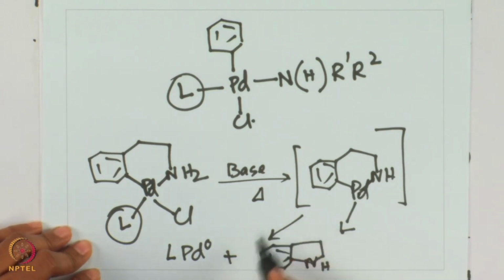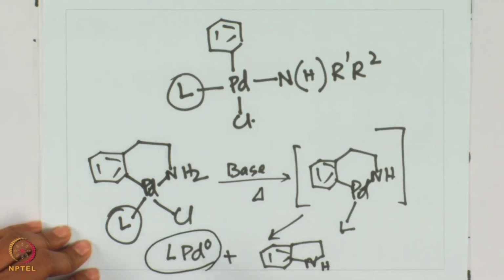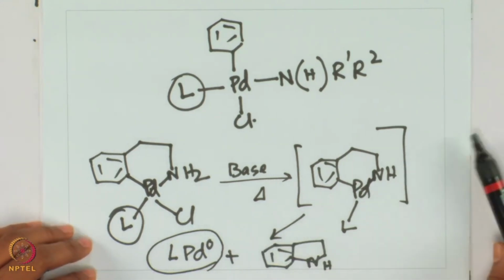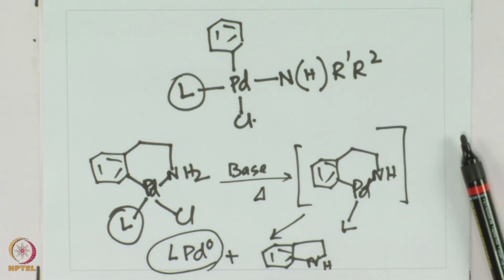This can come up, let us say, if we are using 1 mole percent of this catalyst, this can form in 1 mole percent, but what it gives you is a clean formation of ligand palladium 0 in 1 mole percent. During the process we do get the indoline as the product. So, what we are trying to come up with is a method that gives you a clean, let us say, 1 mole percent of ligand palladium 0 complex formation.